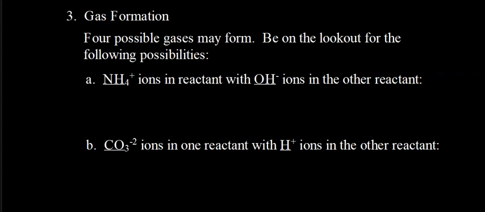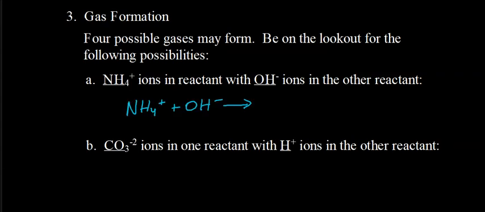Let me show you how these react. Let's write an equation for this. So this reaction is going to produce 3 total products. I'm going to show 2 of them here. I'll give you some examples later, or I'll walk you through. So the ammonium ions in one solution react with hydroxides in the other to produce ammonia gas.